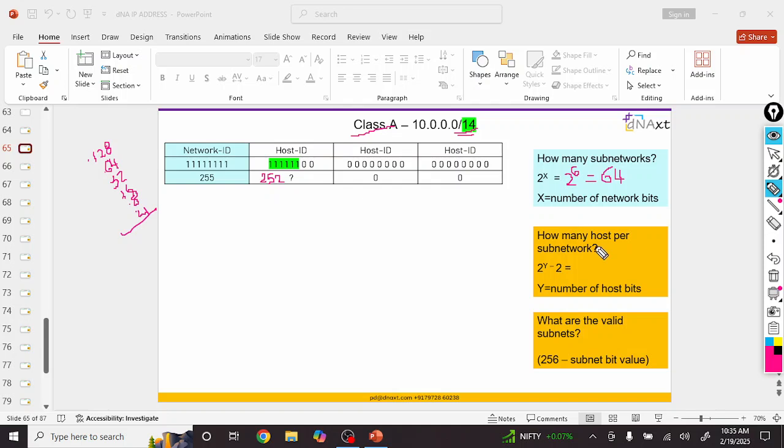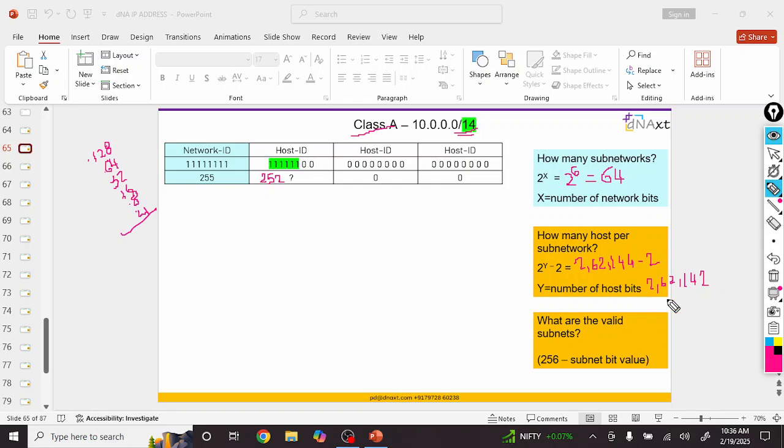How many hosts per subnetwork will we get? That is given by the formula 2 to the power y minus 2, and y over here is the number of host bits, which is 18. So 2 to the power 18 is 2,62,144, and when you subtract 2 from it, you get 2,62,142.